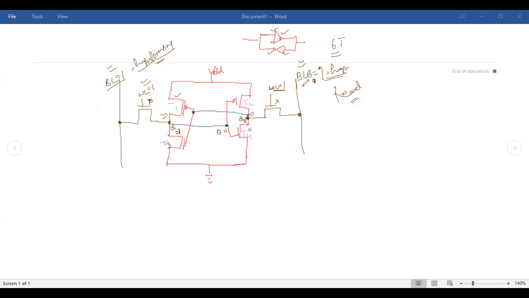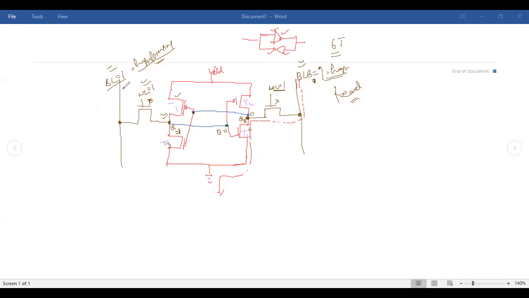Which path? Current flows from high to lower potential, so you will get a path this way towards the ground. Please let me know if anyone didn't get this.